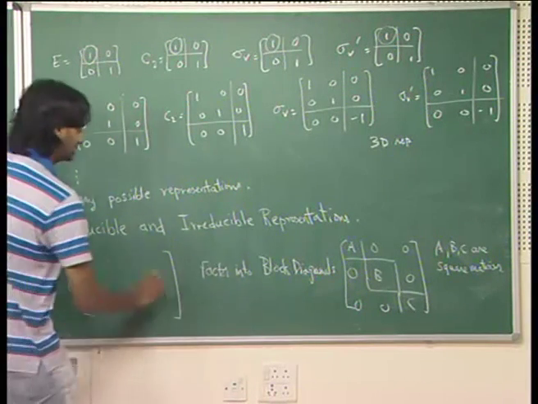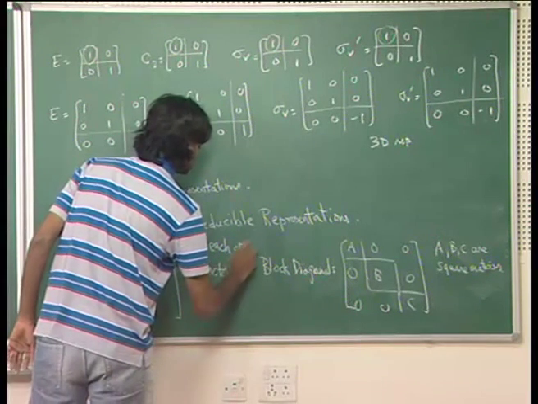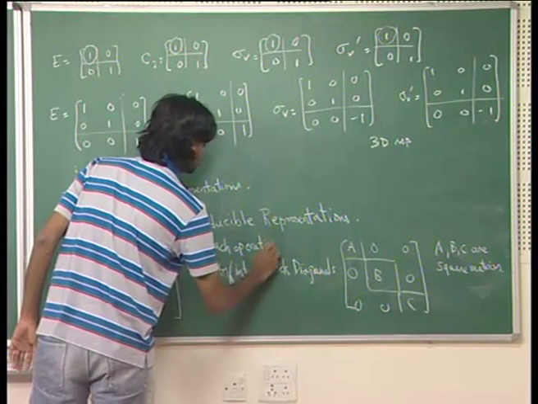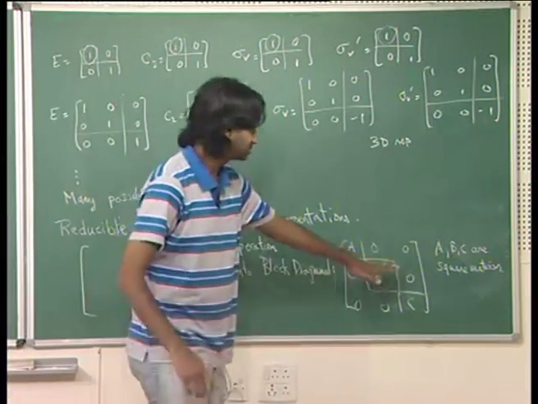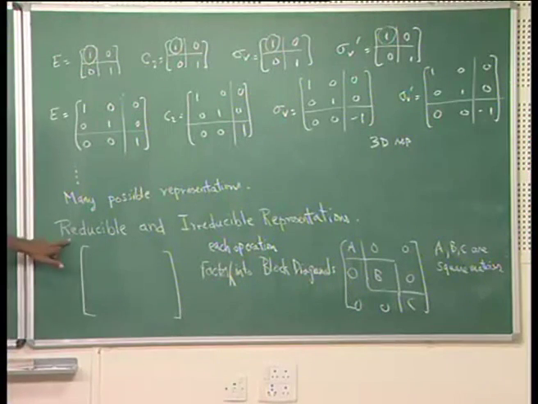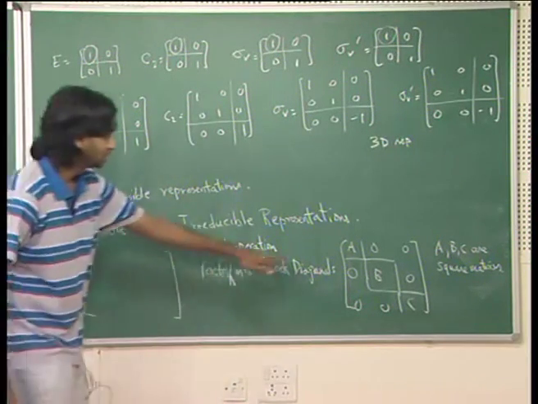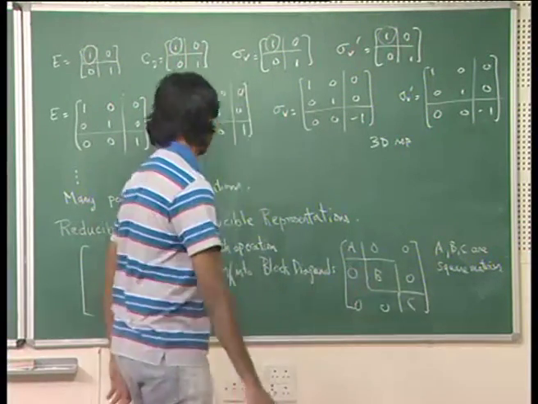So factor each operation. Okay. So if you can factor every operation in the group into such block diagonals, then that representation is called a reducible representation, because you can reduce it to smaller representations. Then each of these is also a valid representation.